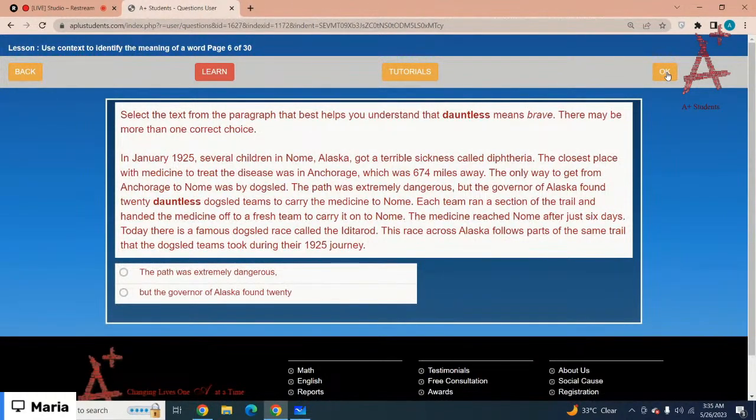The options given are: the path was extremely dangerous, but the governor of Alaska found 20. Which is the correct option? It would be option number 1. The path was extremely dangerous. Got it?